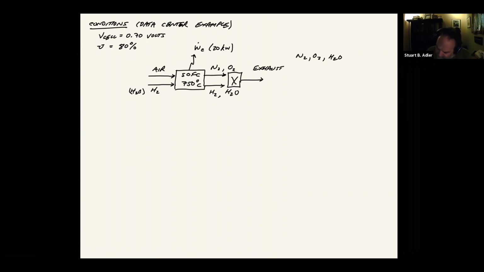And the temperature is going to be greater than 750 degrees because the combustion is going to heat it up even further. So coming out of the combustor, it's even hotter, whatever it's going to be. How are we going to get thermal energy out? These gases going in have to go in at a lower temperature. And what that lower temperature is really depends on a lot of different things.